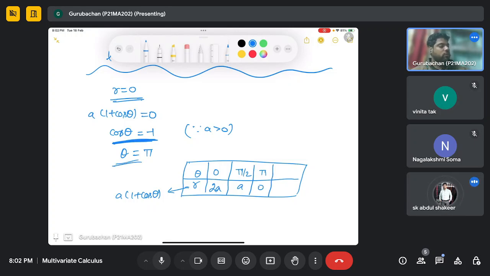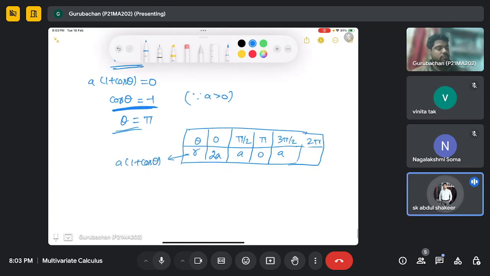At 3 pi by 2, a. So is there any need to discuss 2 pi? Tell me, if yes, then why? If no, then why? Cos 2 pi is 1, sir. 2a. Again, we will have the same value. 2 pi is nothing but the period, equivalent to 0.